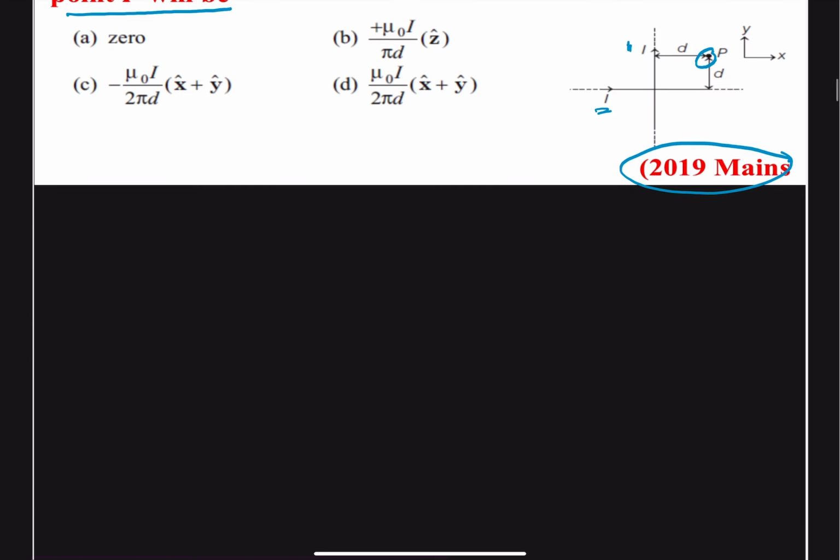And we know the general formula for the magnetic field due to a long straight wire is mu naught upon 2 pi r. So here we have two wires.